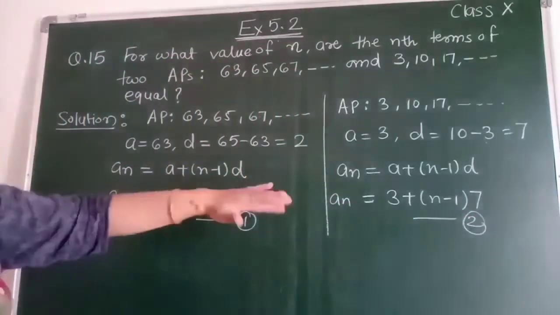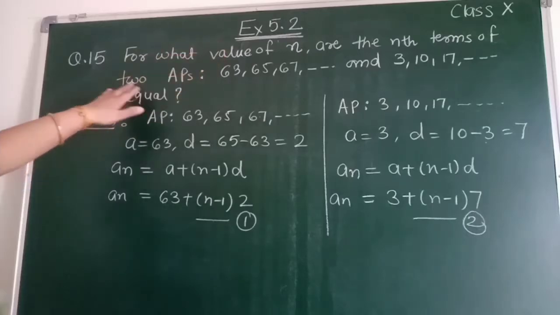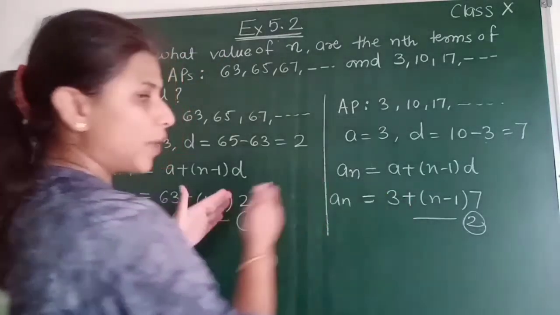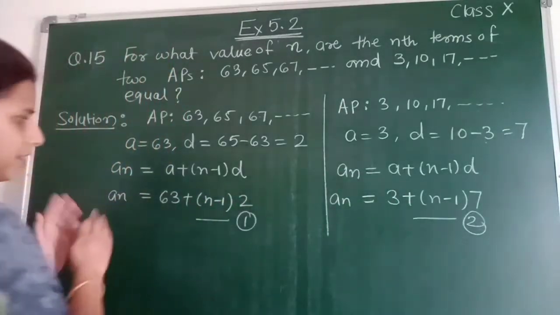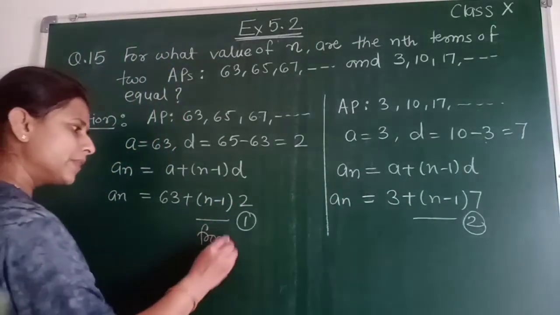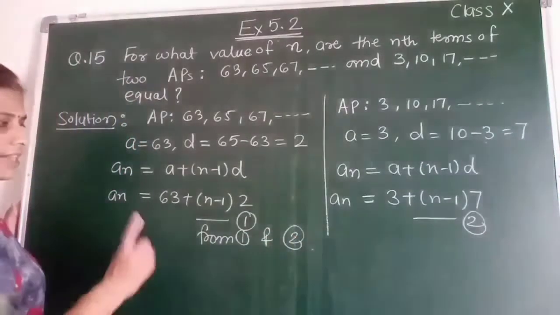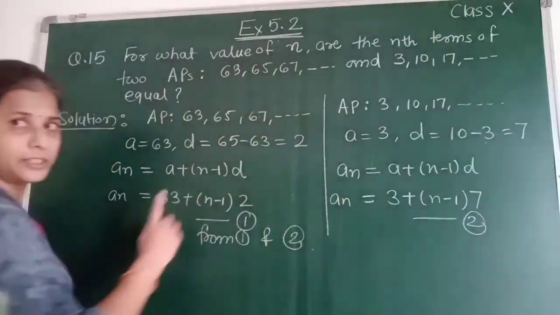It is given that, student, the nth terms of these two APs are equal. So we will equate these two equations, 1 and 2. It is given that both the nth terms are equal.